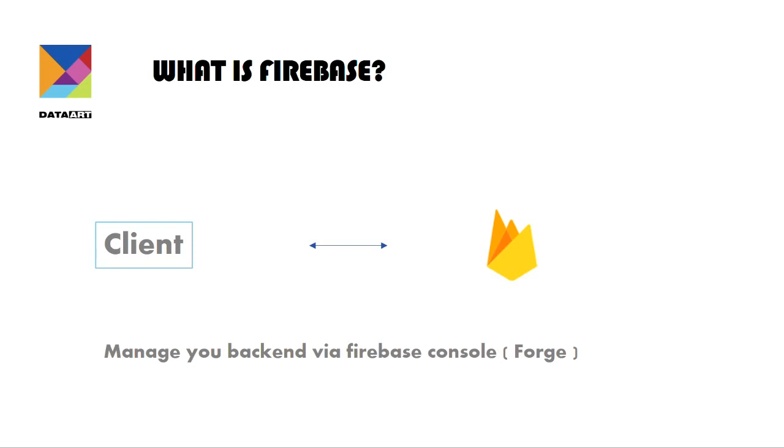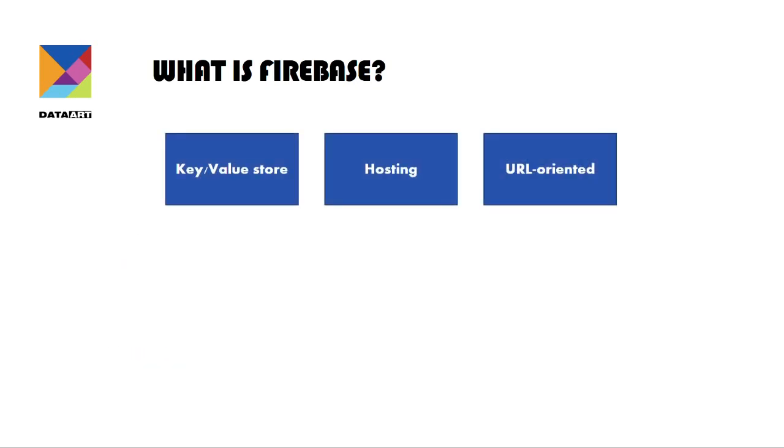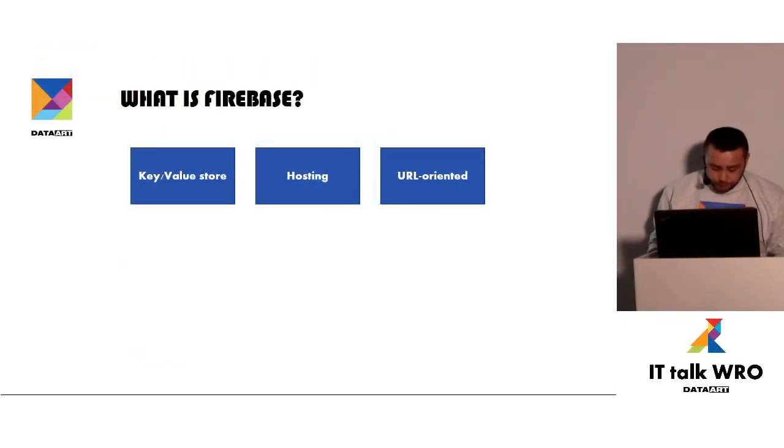I will show you Forge, the console of Firebase, and I can highlight some more features. But before that, Firebase is URL oriented. This means that every specific piece of data has a unique value, and this value is generated as a tree, as a URL, as you will see in a minute.